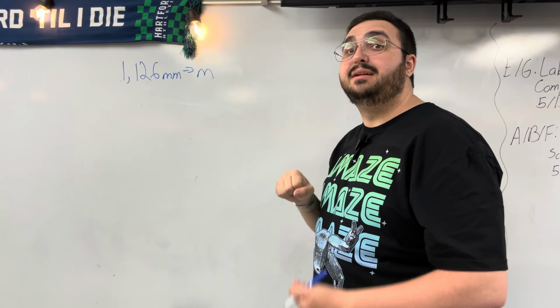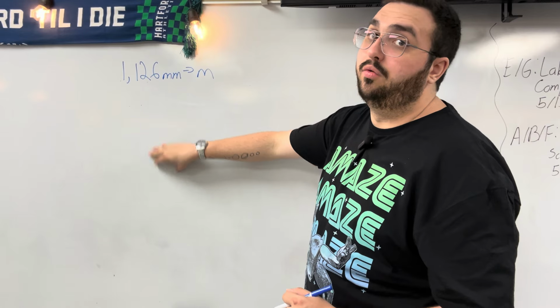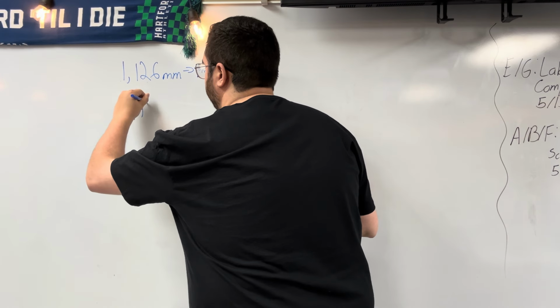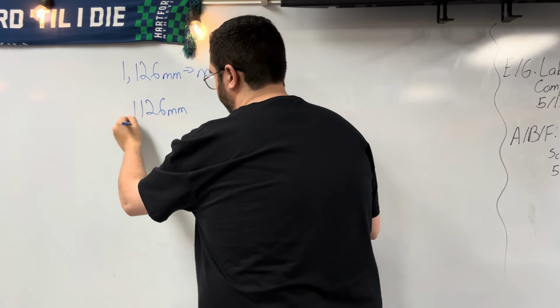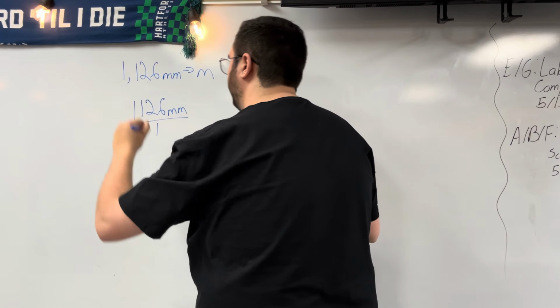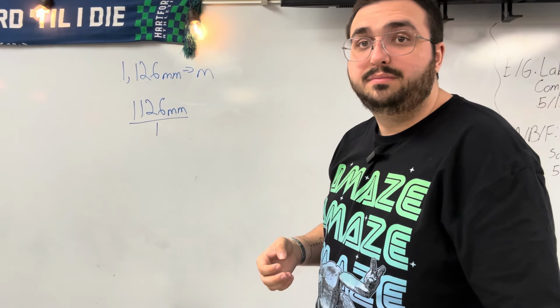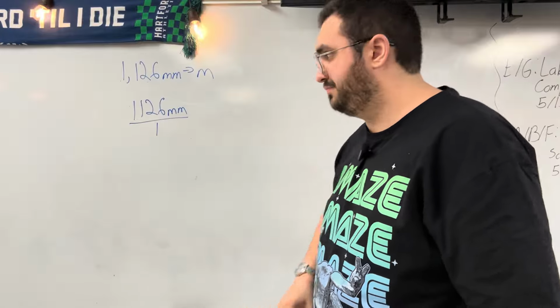The first step of any dimensional analysis problem is to put that number down and write it over 1. So 1,126 millimeters. Do not forget your unit. Divided by 1. Put it over 1. Dividing by 1 doesn't change anything about the number, and it makes all the math work a little bit prettier down the road.